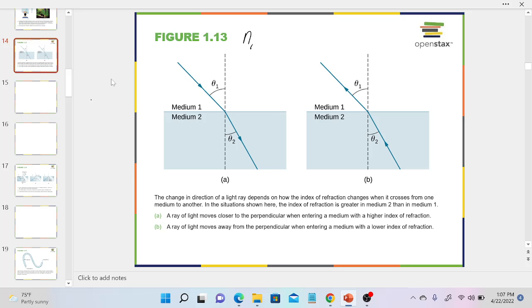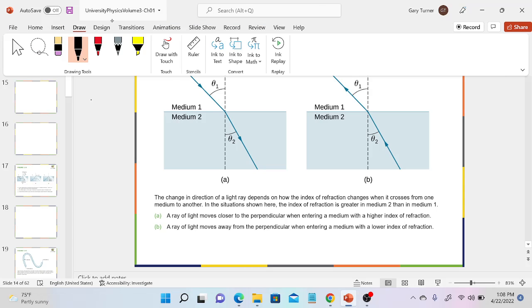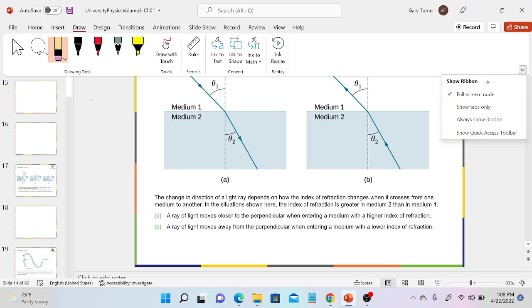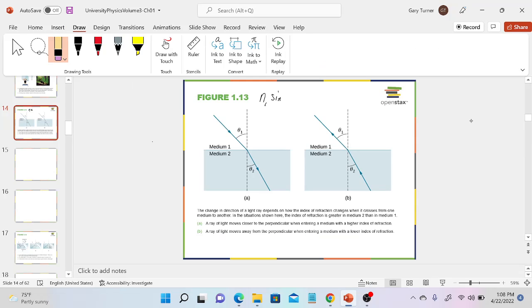N1 sine theta 1, let me see if I can write that a little bit better. And maybe let's keep that ribbon pinned because I may be erasing a lot here.